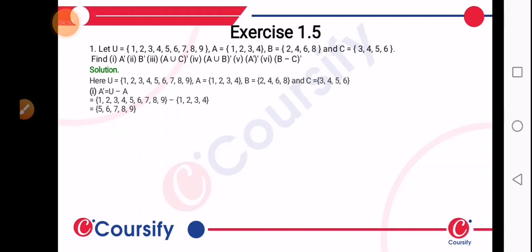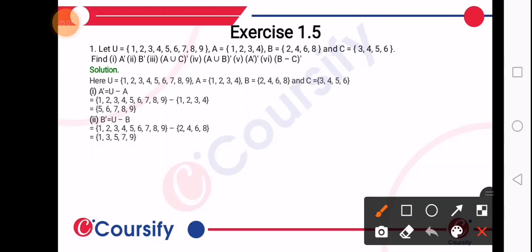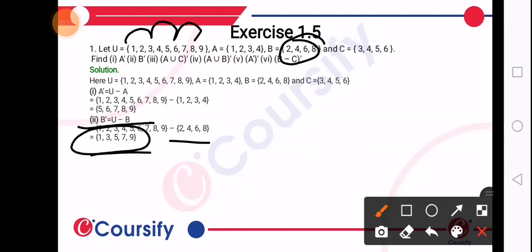Thus, the complement of set B will be everything in the universal set except set B. So B complement is 1, 2, 3, 4, 5, 6, 7, 8, 9, the universal set, minus 2, 4, 6, 8. If you remove that, we get 1, 3, 5, 7, and 9.